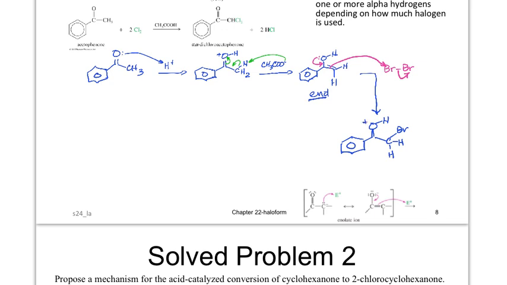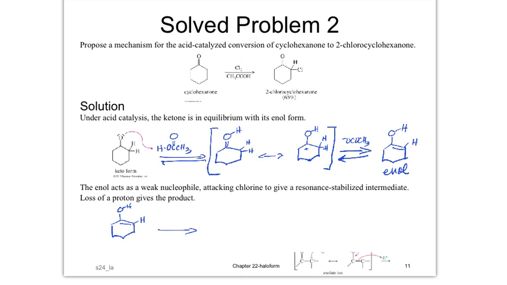So we can add more alpha hydrogens, but there tends to be a slower addition. And so you're more likely to be able to just collect the one halide, especially with one equivalent. So there's our product. In our example, we've got the cyclohexanone. This would be our alpha chlorinated cyclohexanone product.